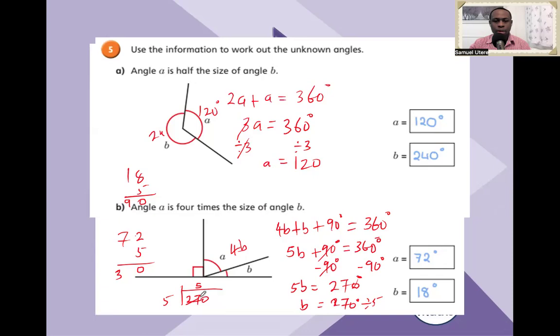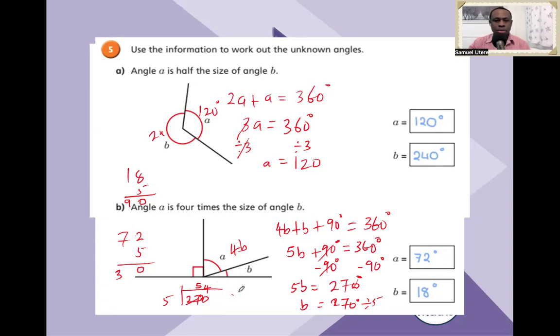And then remainder 2. So that should be 54. So B is 54. So B should be 54.